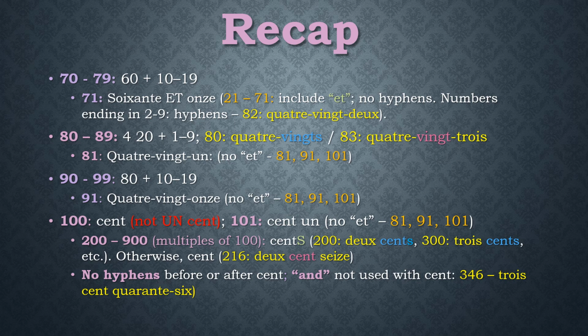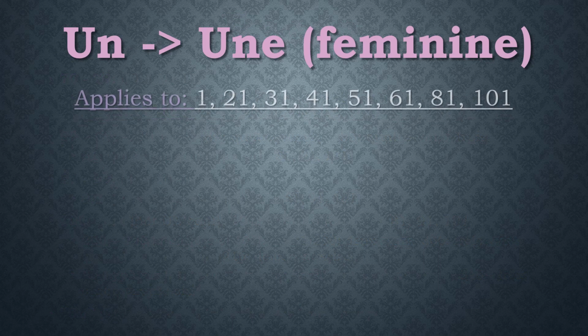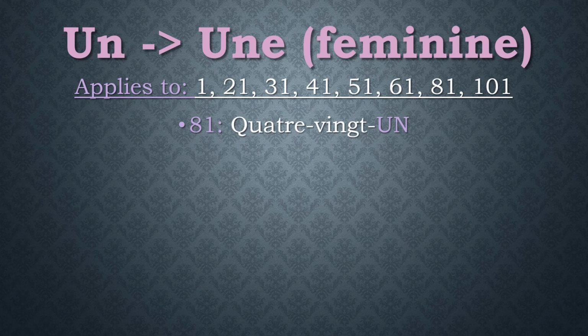And also, we're not saying trois cent et quarante-six, but just trois cent quarante-six. And a final note that we haven't mentioned in this lesson yet: numbers that end in the word un, meaning one, have a feminine form when used with feminine nouns. So for example, 81 is quatre-vingt-un.